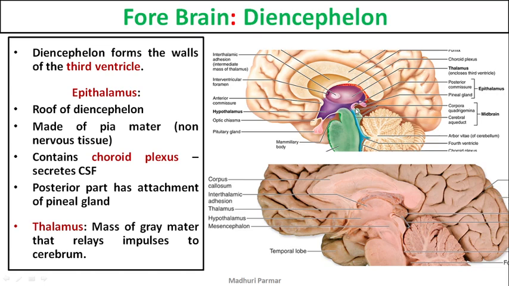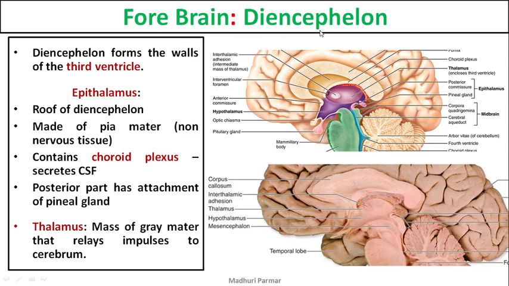Then comes thalamus. Thalamus here is this egg-like structure. Okay, can you see this egg-shaped structure? Okay, it almost looks like an oval. So this egg-like structure, this oval here, is known as your thalamus. And thalamus is a mass of gray matter. You can see it here as well. Okay, this here is your thalamus. So thalamus is made up of gray matter.